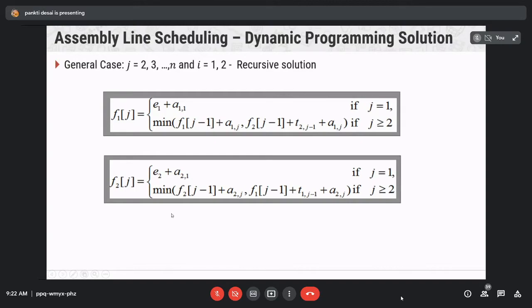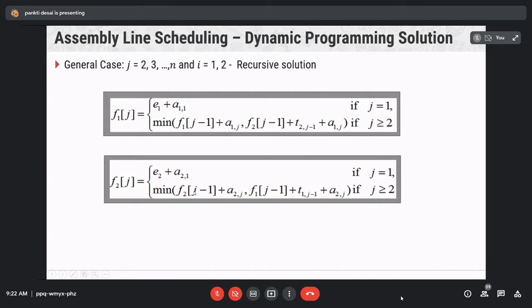If you follow the first assembly line, then you traverse the stations of the first assembly line plus the transit time between assembly line 1 to assembly line 2, that is T1(j-1), plus the time required at the current station, A2j, if the value of j is greater than or equal to 2.